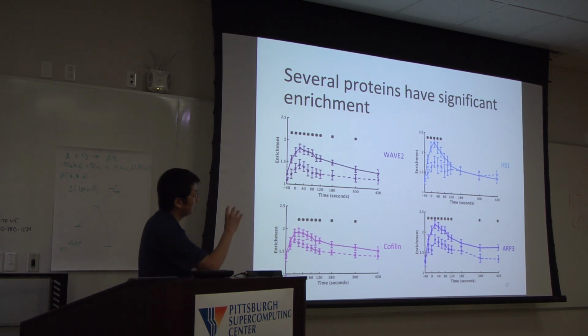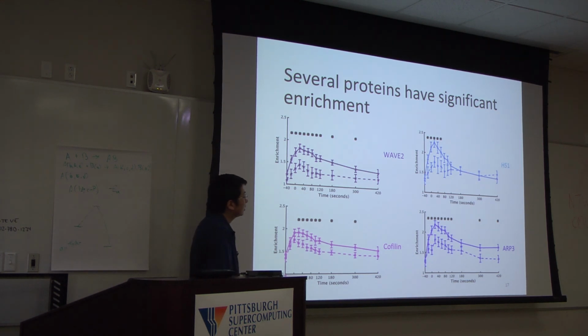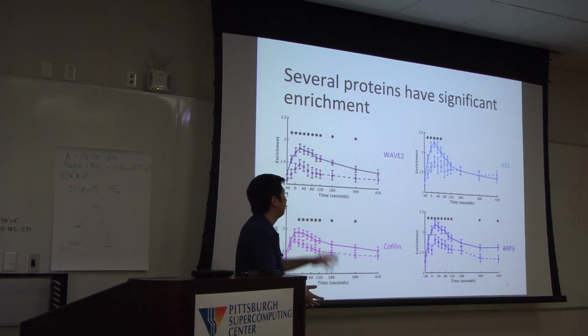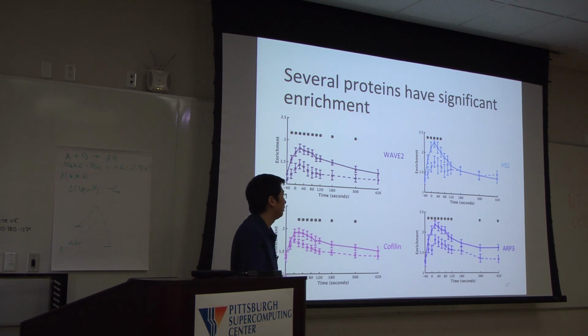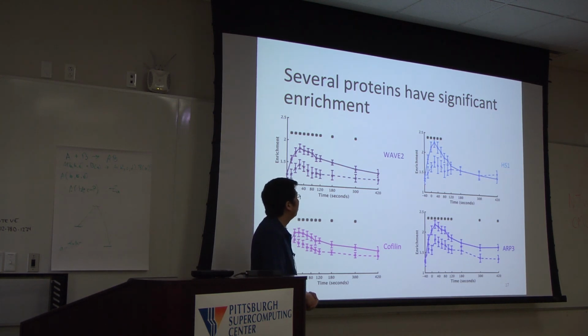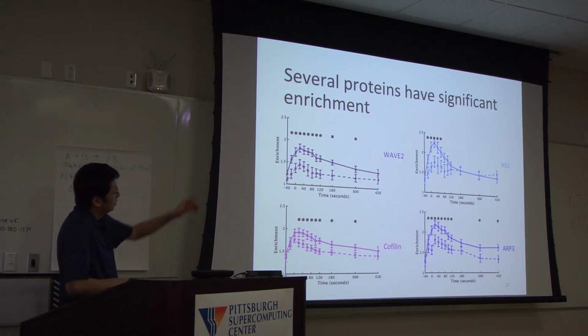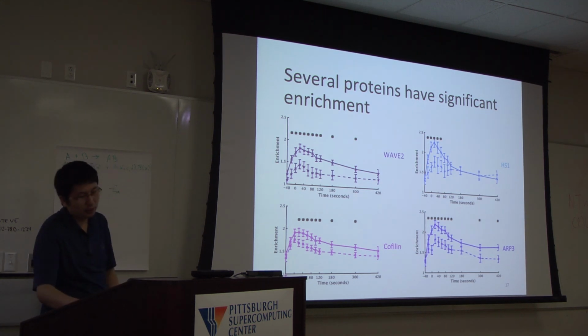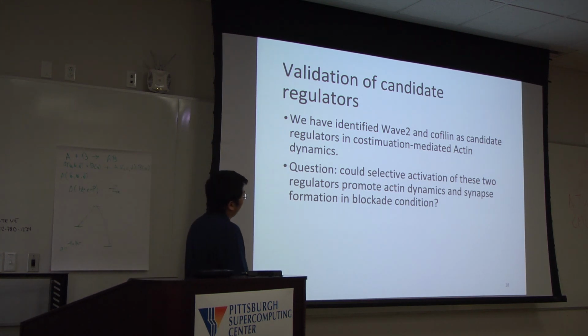So this means these proteins are potential regulators in this process. And with some prior knowledge, we found wave 2 is the upstream regulator for HS1 and ARP3. So we hypothesize that wave 2 and caffeine are 2 main candidate regulators in this process.